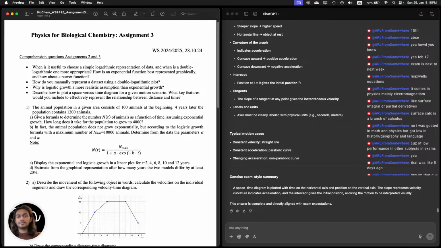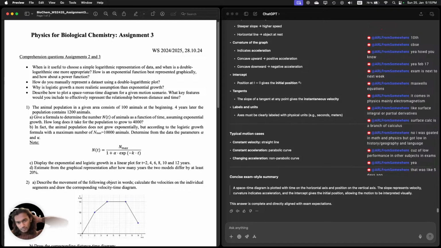Oh man, then 2 years. But my CBSE 10th exam, how was it? You're bringing back memories. I thought I did really good for a math exam.